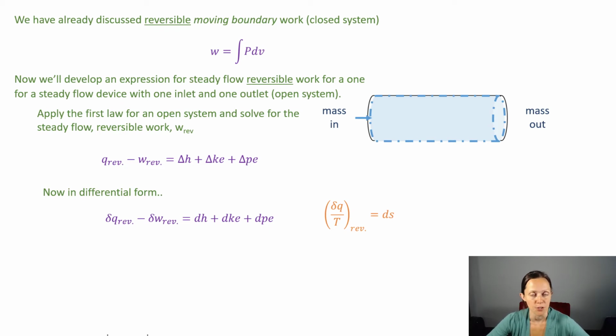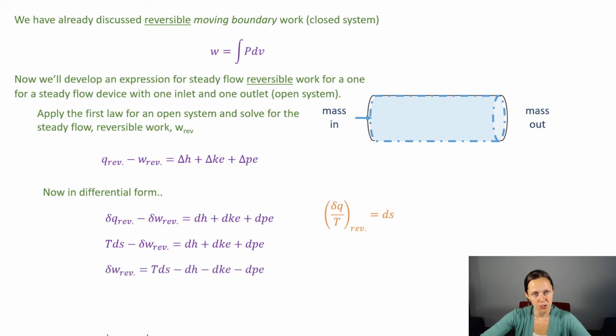I believe we had it in terms of big Q, but here it is in terms of little q. So now I've got an equation that I can replace that differential amount of heat transfer for the reversible process with. So I've got TdS, and I'm going to bring some stuff to one side of the equal sign to solve for that differential amount of work, because that's what I'm after.